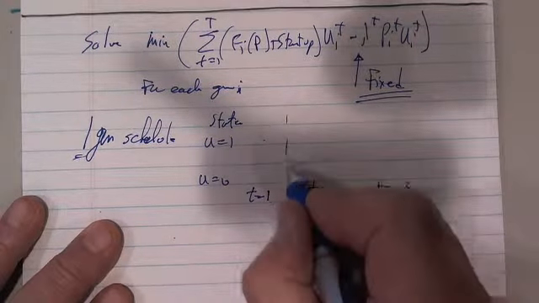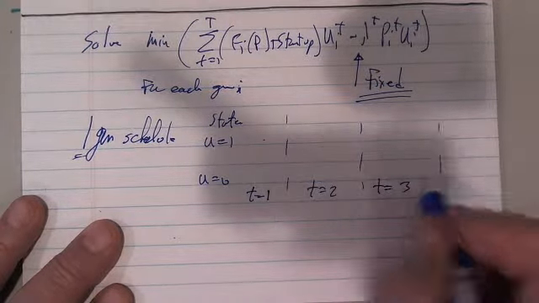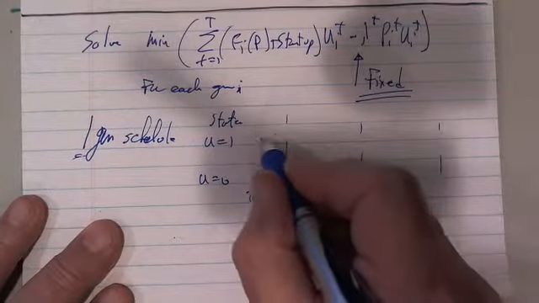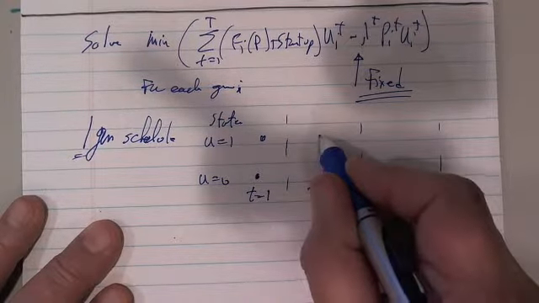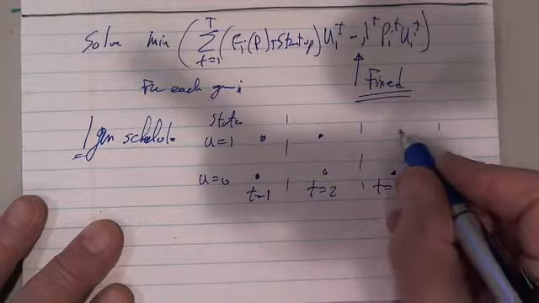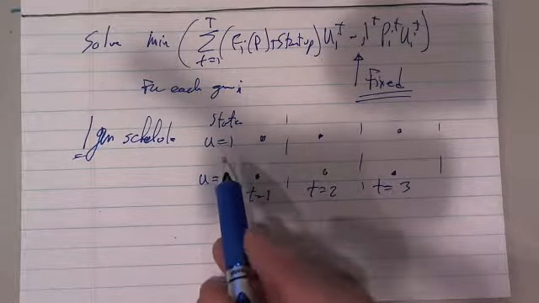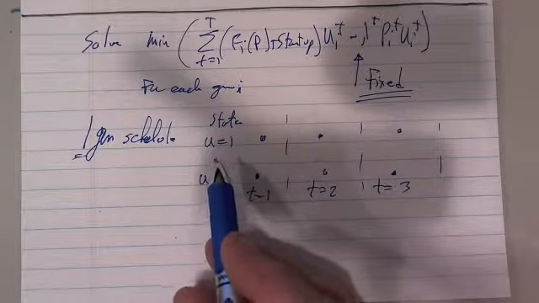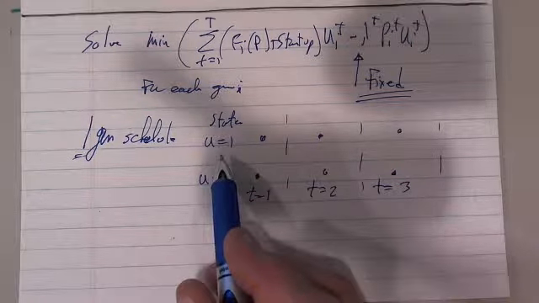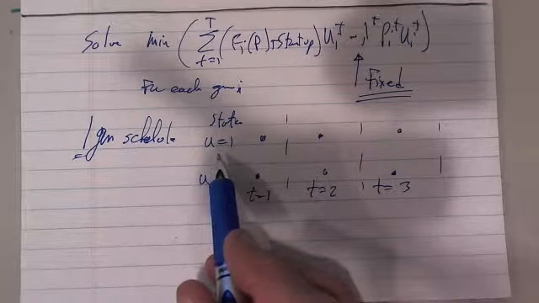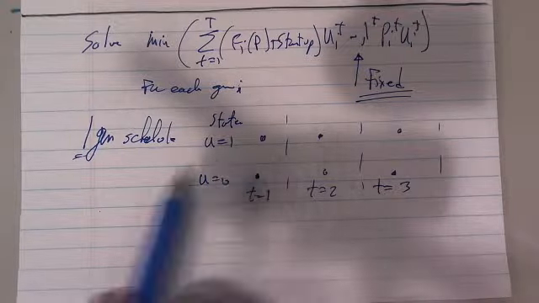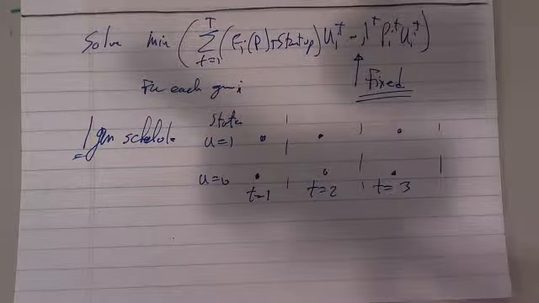This is the way I did this before. I had these states, and I just put dots. Well, rather than having 4 states for 2 units, or 8 states for 3 units, or 16 states, etc., 2 to the n states, n is 1, so I only have 2 states.